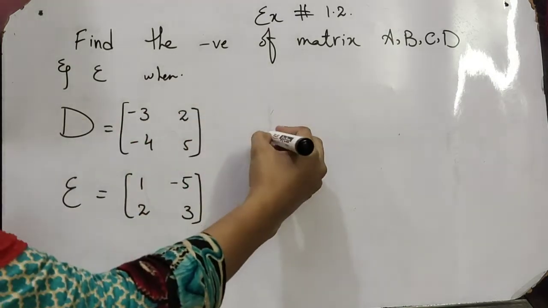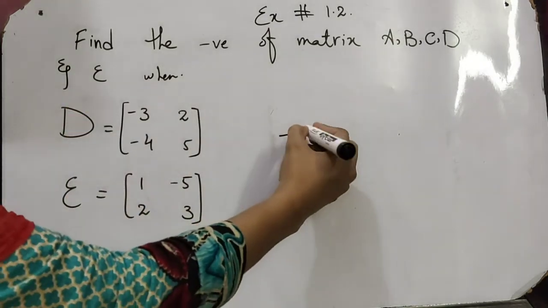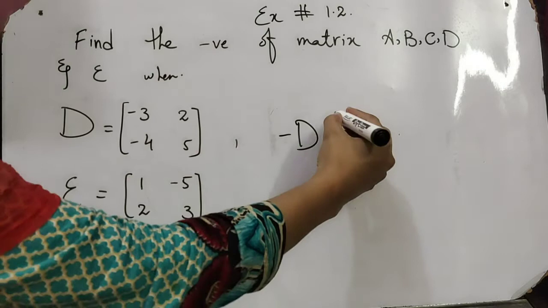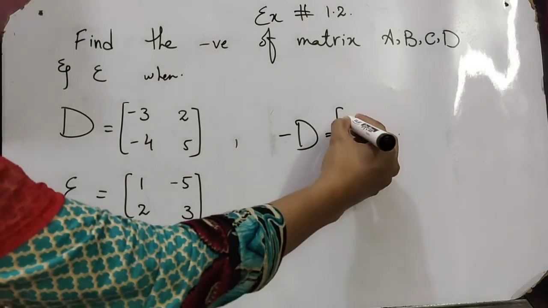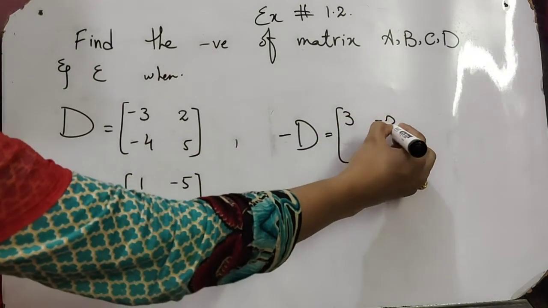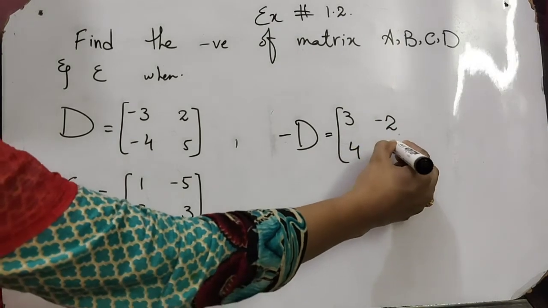So the negative of D is minus D, and it becomes 3, minus 2, 4 and minus 5.